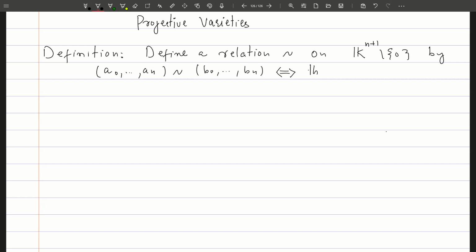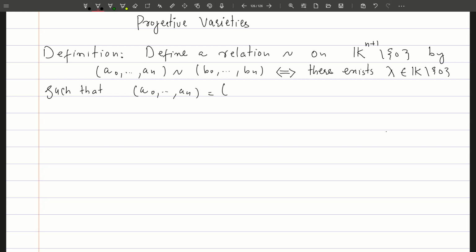there exists a non-zero scalar lambda in k minus zero, such that the point (a_0, ..., a_n) is the scalar multiple of the point b.